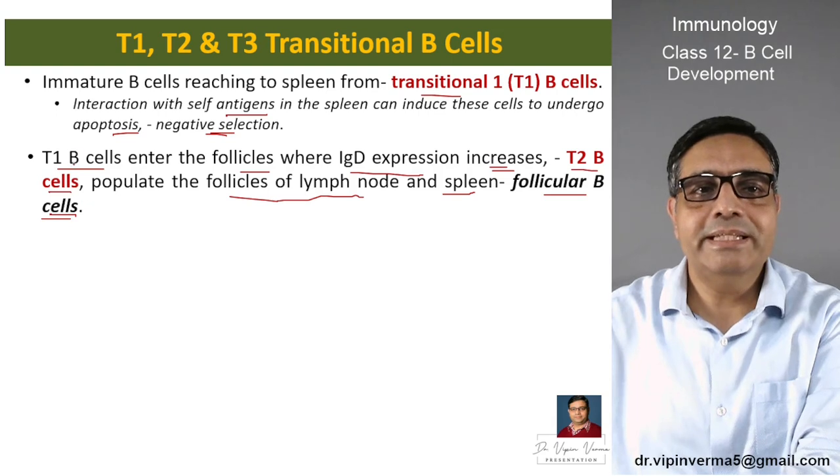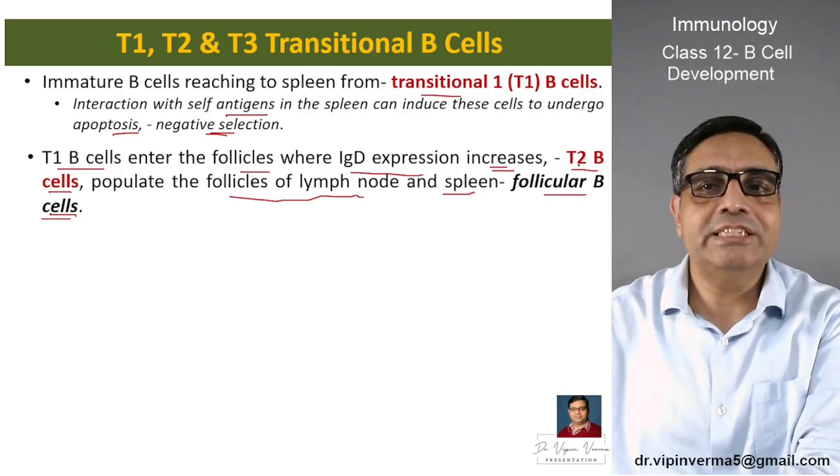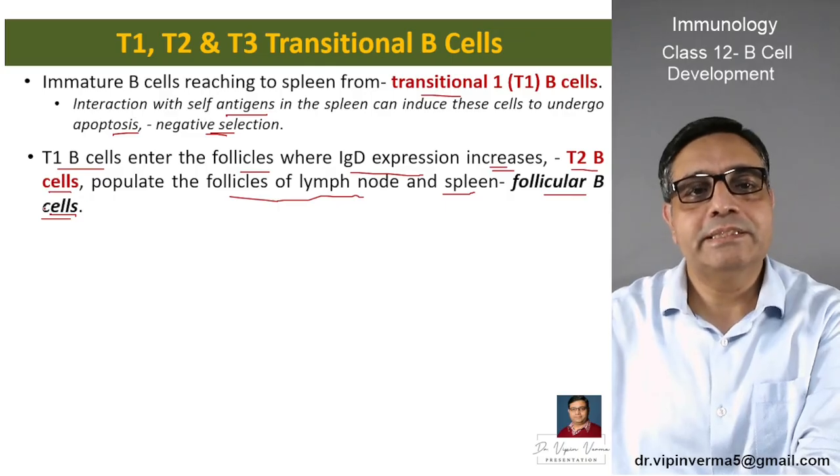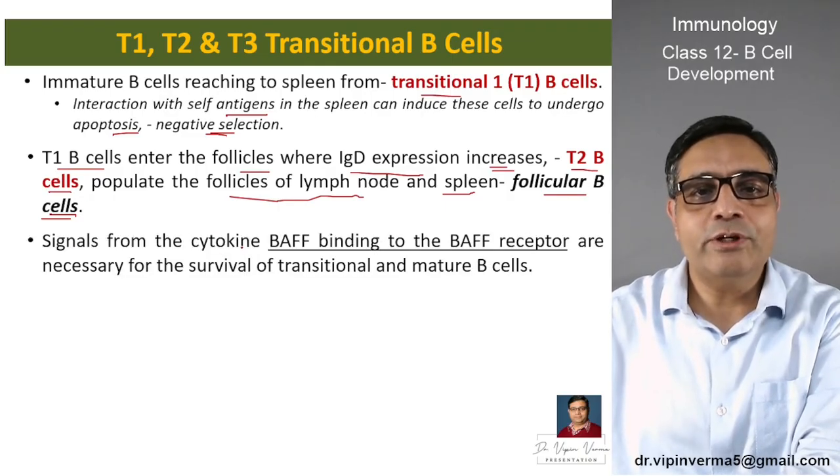So basically, when T1 B cells increase IgD expression they are called T2 B cells, and when these transitional 2 B cells populate the follicles of the lymph node and spleen, we call them follicular B cells. Signals from the cytokine BAFF binding to the BAFF receptor are necessary for the survival of transitional and mature B cells. Without this signal, the cells will not survive.